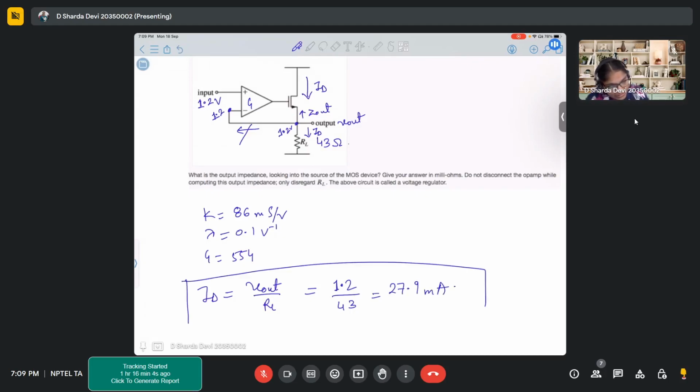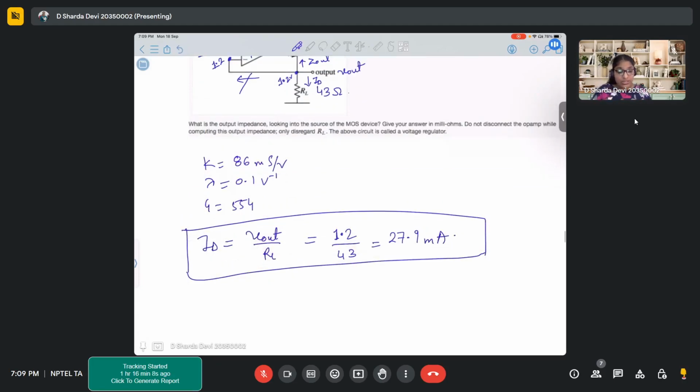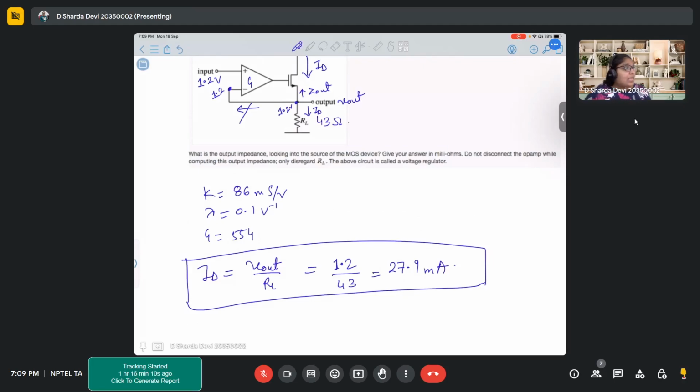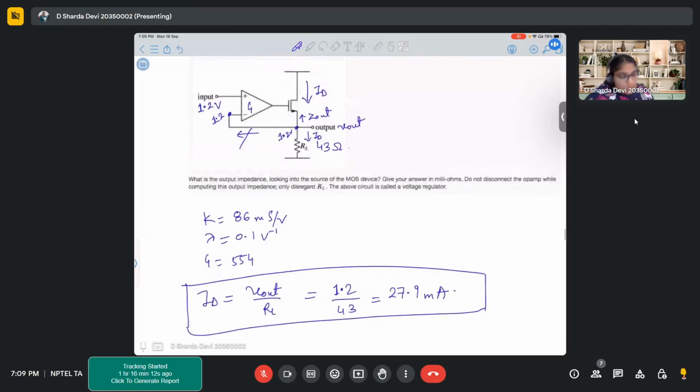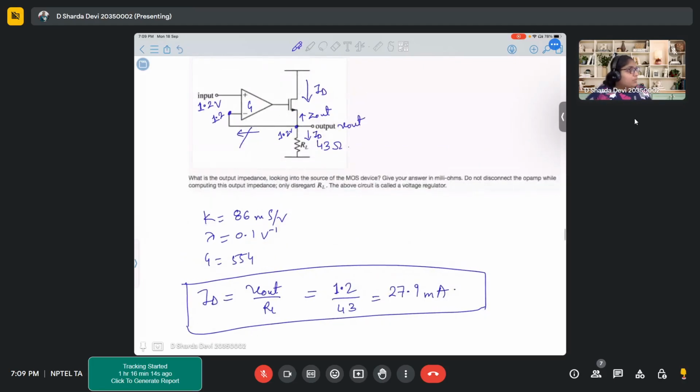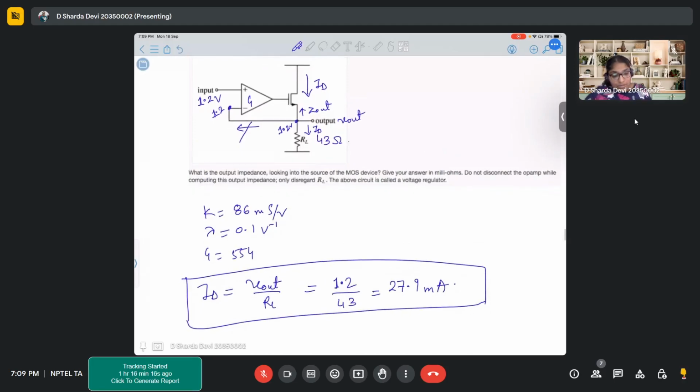So this is the current that is flowing through your transistor, the MOSFET. Your transistor has this much current flowing through it.